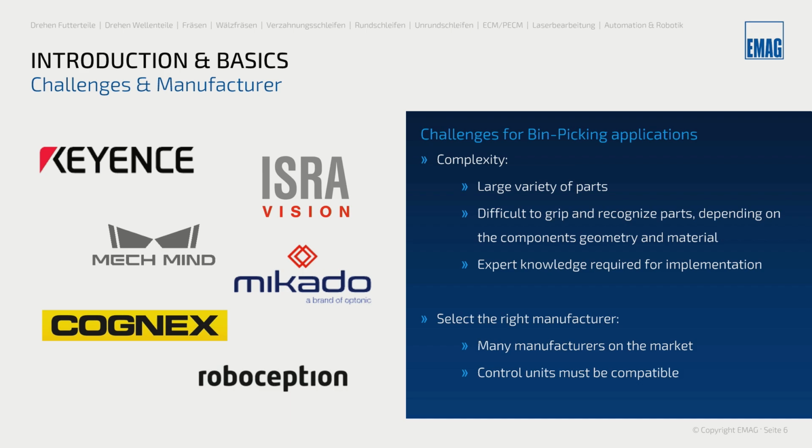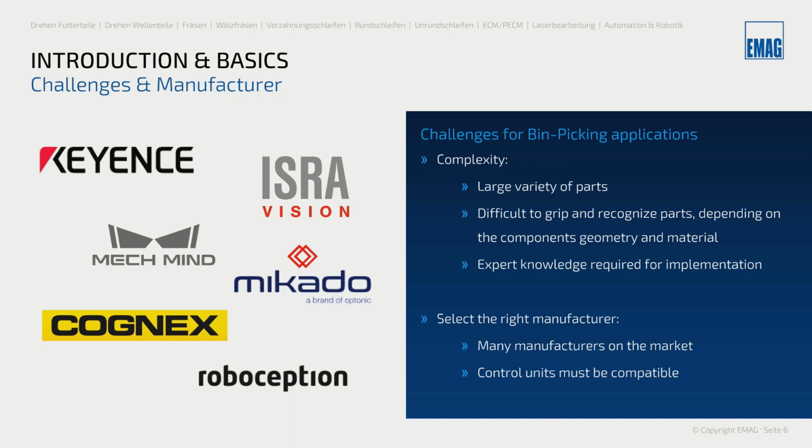The second challenge you will find is to select the right manufacturer for your bin picking system, because on the market there is a large variety of manufacturers too. To name some of them, for example, Keyence, Cognex, MagMind, I'm very sure that a big part of you have already heard those names in combination with vision systems.